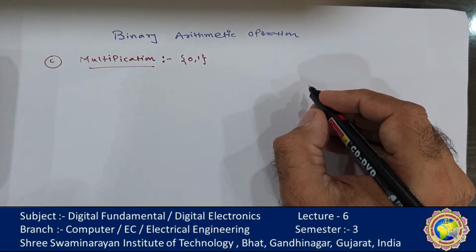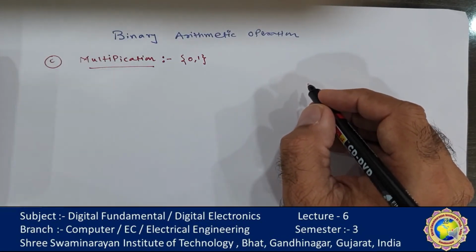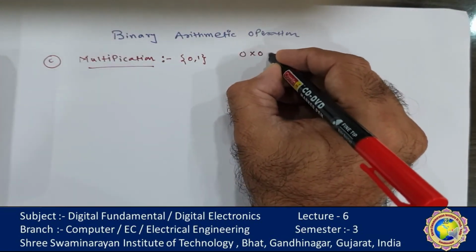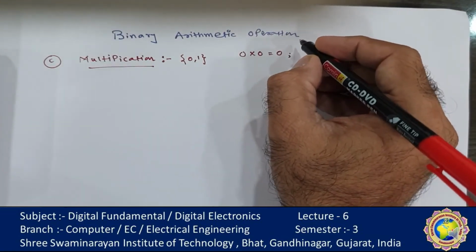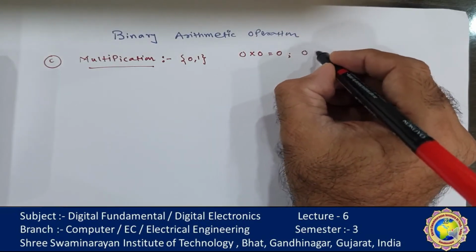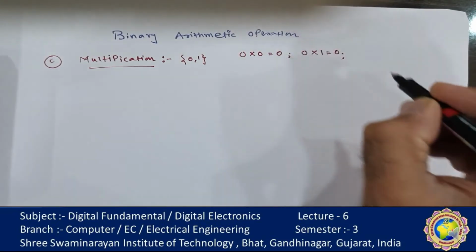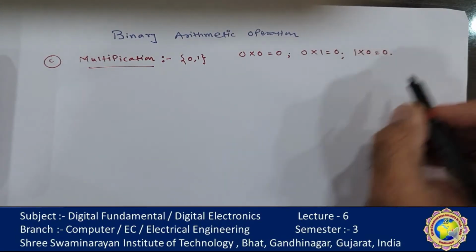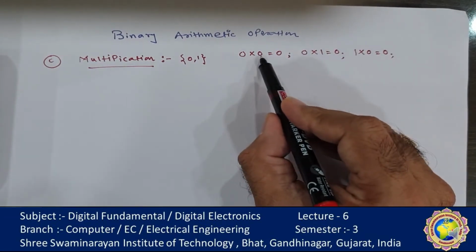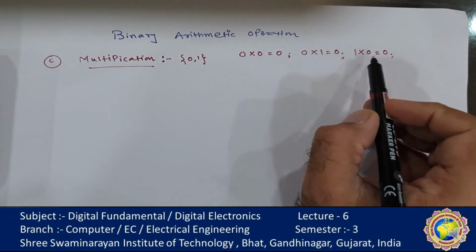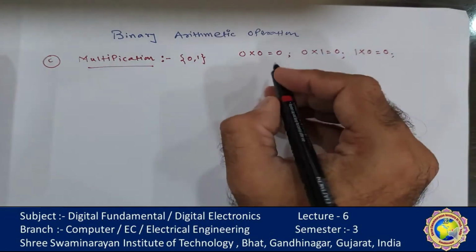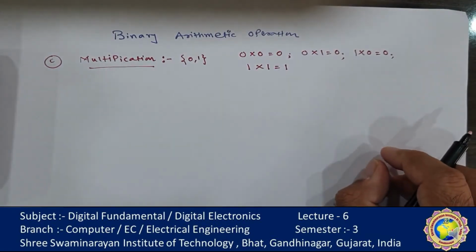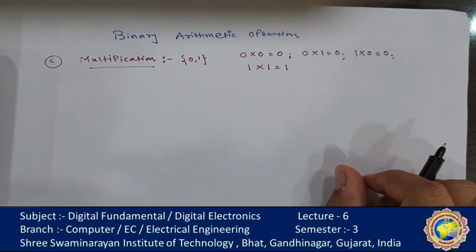So there are 4 combinations of single bit multiplication possible. 0 multiplied by 0 is equal to 0, 0 multiplied by 1 equal to 0, 1 multiplied by 0 equal to 0. Means any bit multiplied by 0, the answer is 0. Only in one condition, when both bits are 1, 1 into 1 equal to 1. Only remember that. This is known as the paper method.